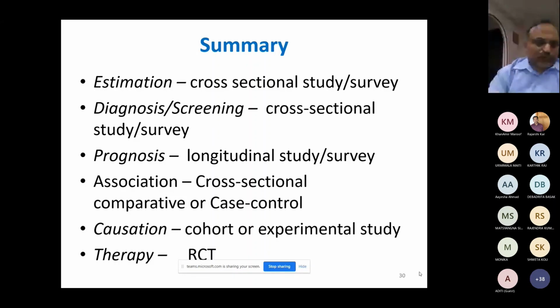If you want to see the prognosis, or what happens to the natural course of a disease, you do a longitudinal study. If you want to see the association, do a cross-sectional comparative study or a case control study. If you want to establish causation, a cause-effect relationship, do a cohort or experimental study. And if you want to assess the efficacy of a therapeutic intervention, it becomes a randomized controlled trial.